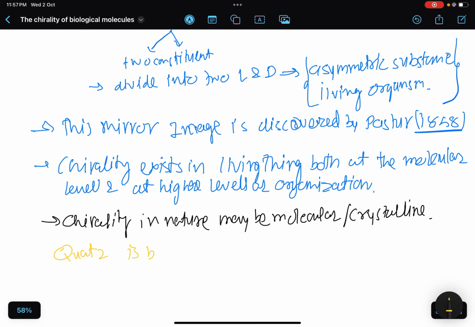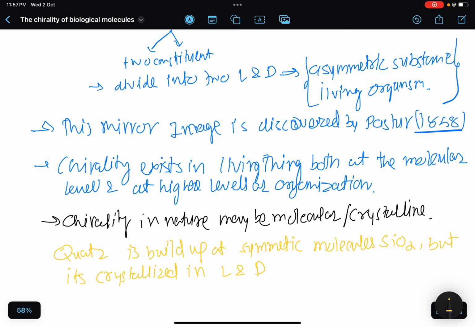Quartz is built up of symmetric molecules of silicon oxide, but it crystallizes in L and D forms, where L means levorotatory and D means dextrorotatory, which possess opposite optical activities.